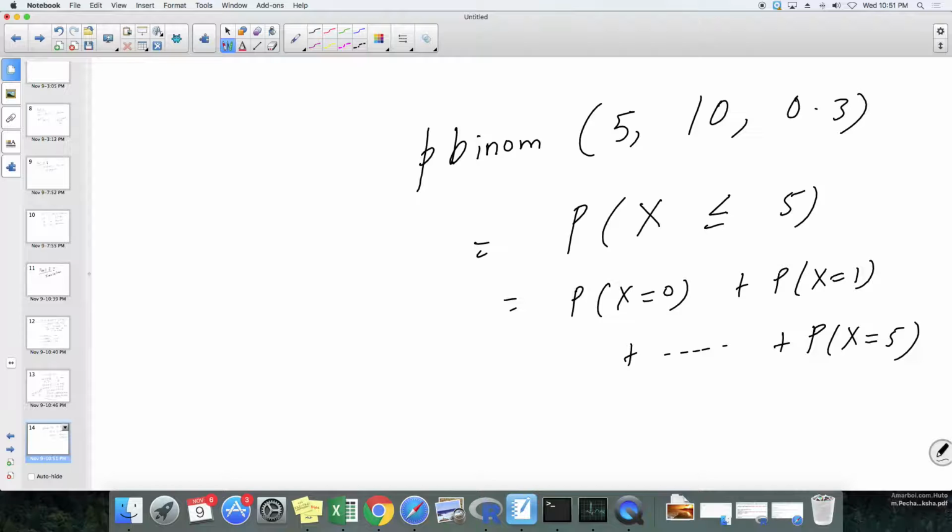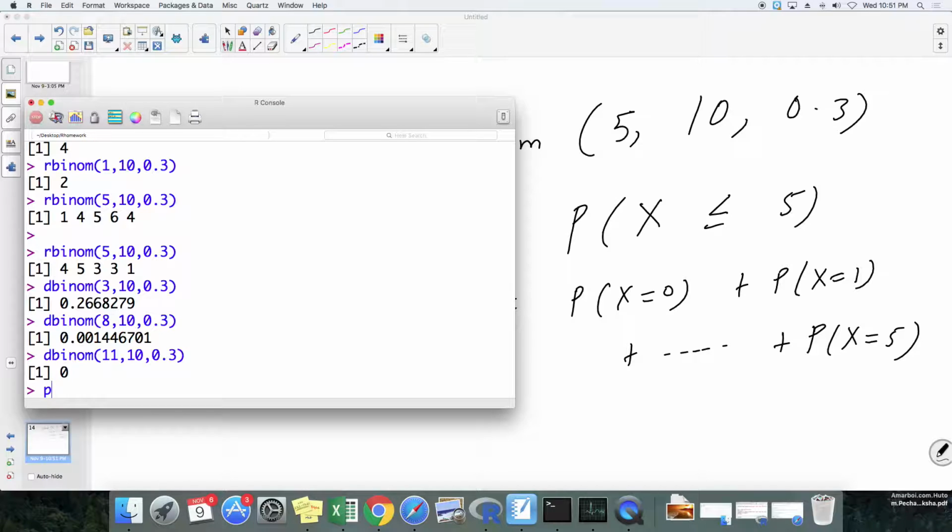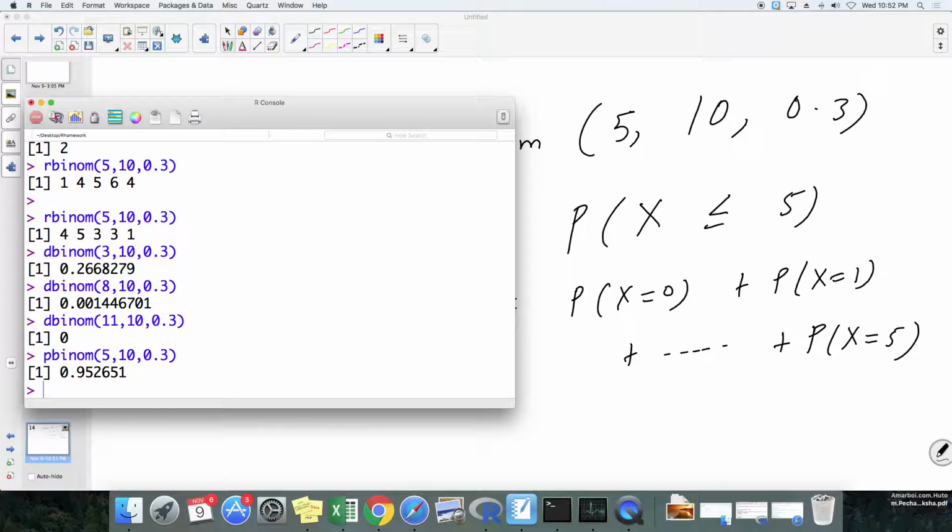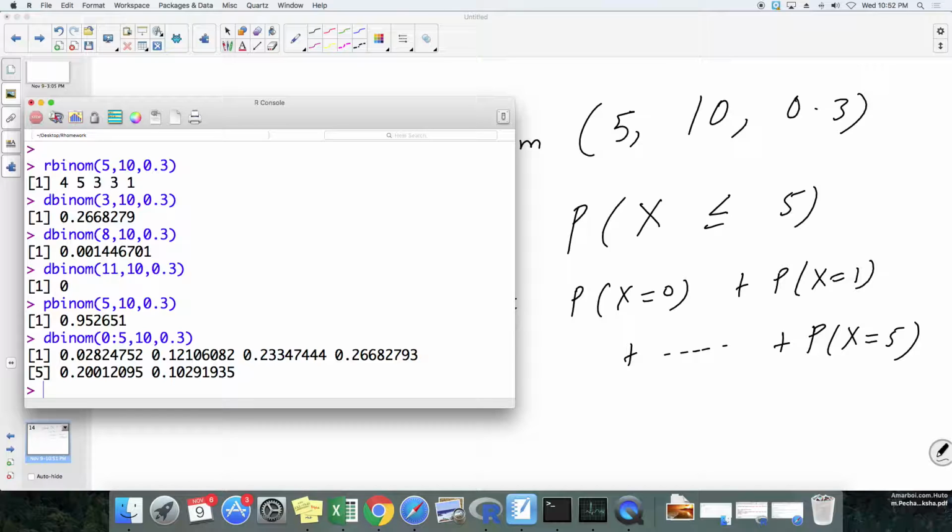Let's do this. pbinom(5, 10, 0.3), which is this value, and let me do another thing. So dbinom for 0 to 5 with 10, 0.3. So you're looking at 6 numbers: 0, 1, 2, 3, 4, 5.